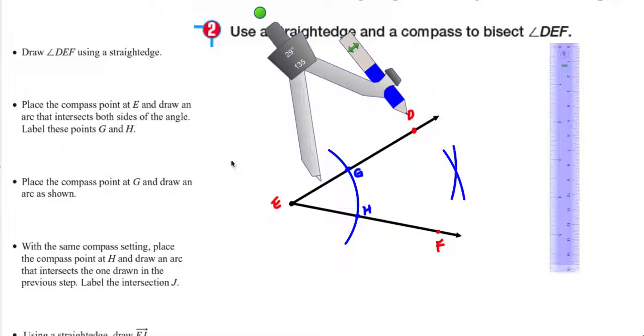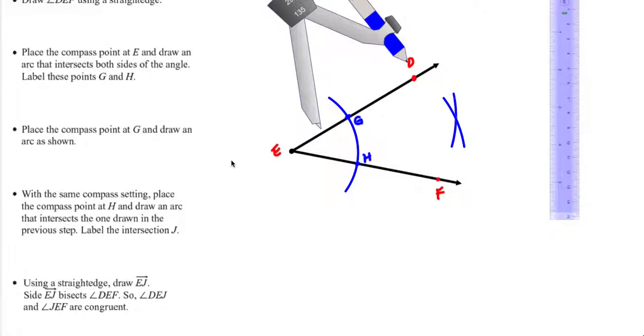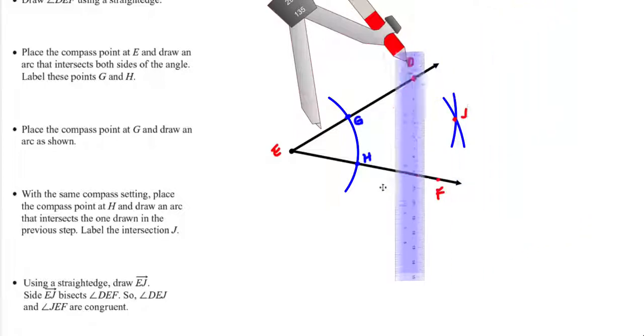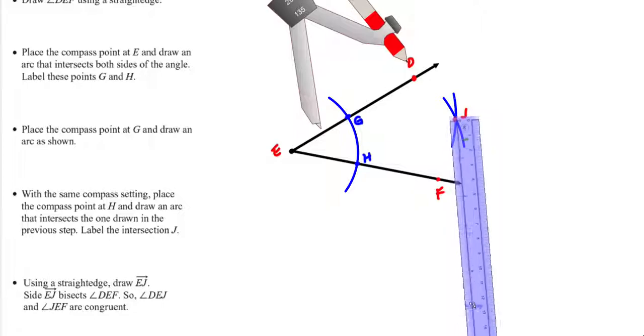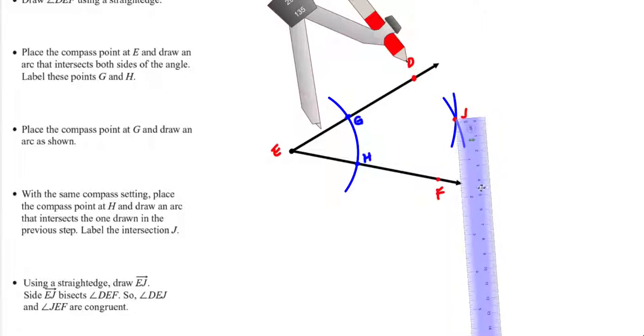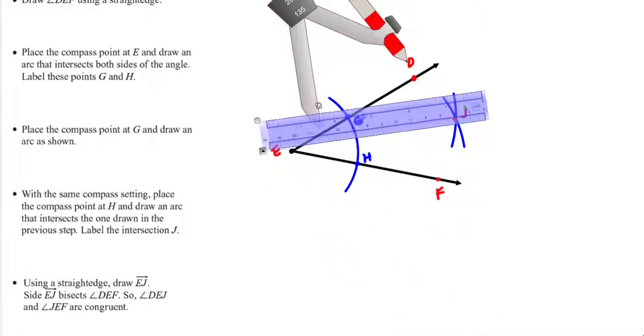Step number 5 is simply to use a straight edge to draw EJ. Where the arcs intersect will be point J. So we are going to get our straight edge and connect E and J. That's E right here, and we need to connect it to point J. There you go, right there.